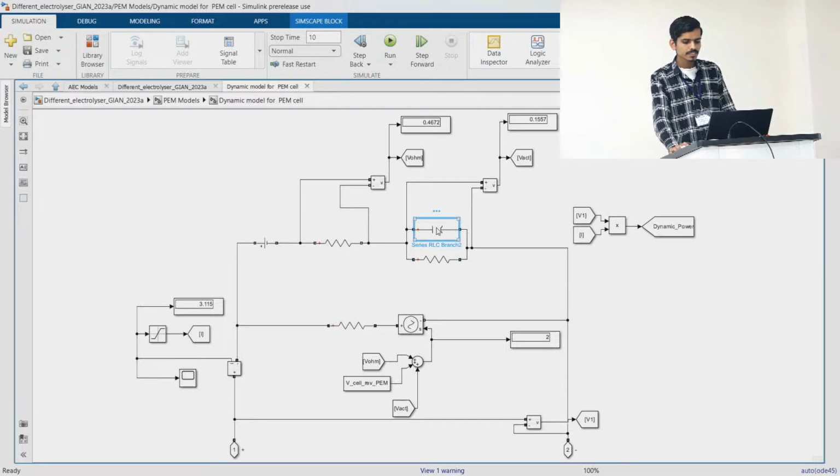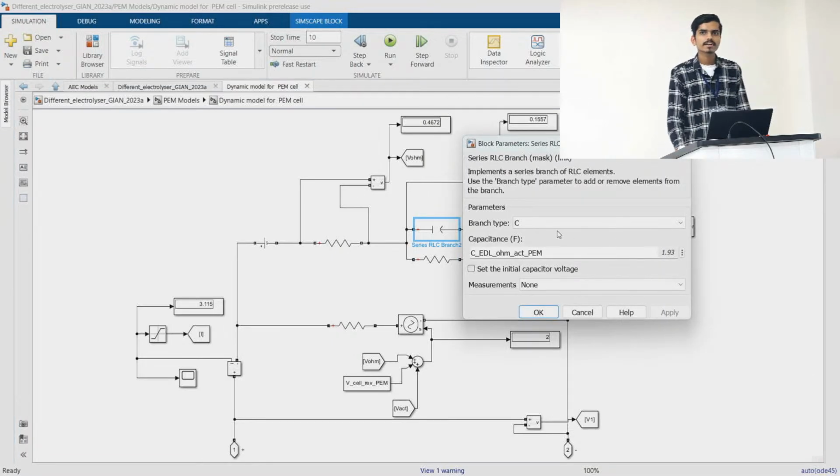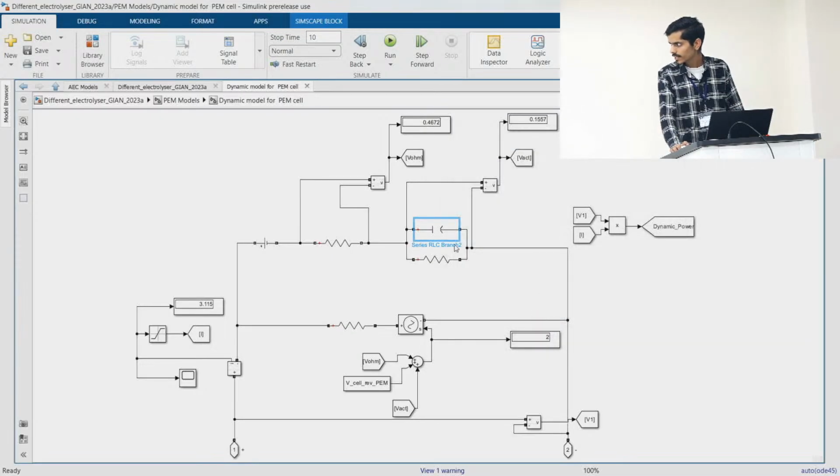This is the capacitance, because as we know, the electrolyzer has a double layer capacitance. Professor Jahangir also modeled that, he gave us a formula for calculating it, but here we are using a value for it. We are using a 1.93 farad capacitance value here to model that double layer capacitance.